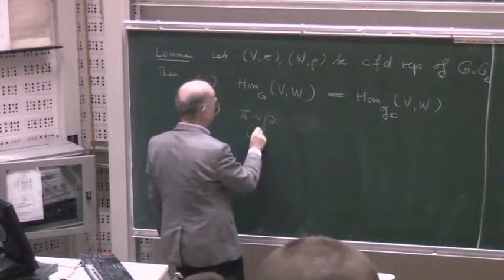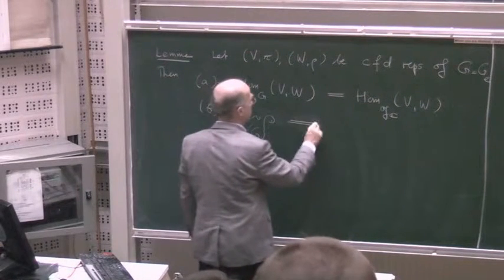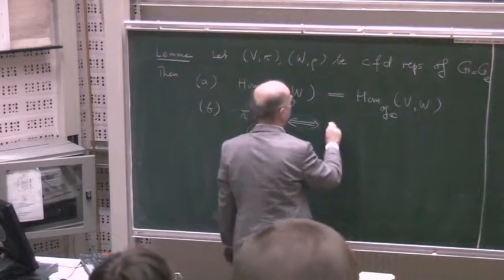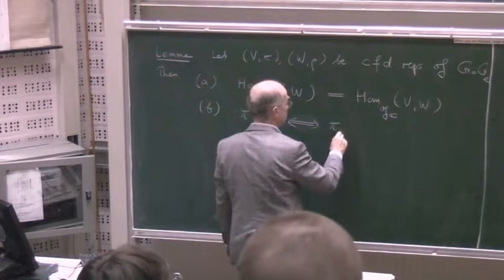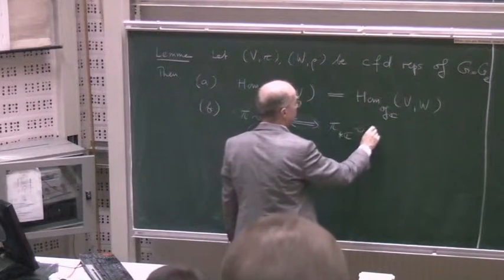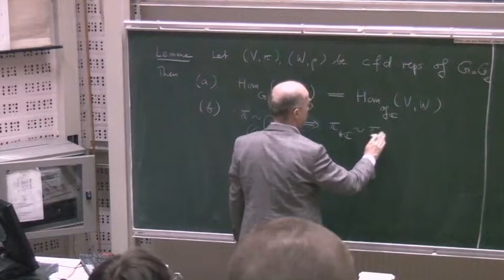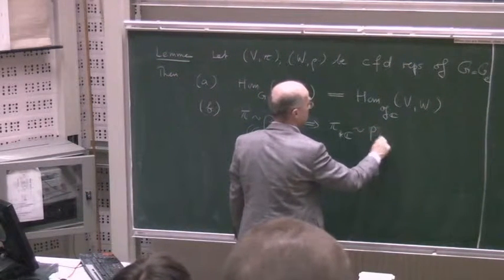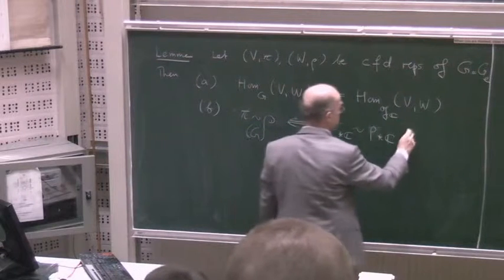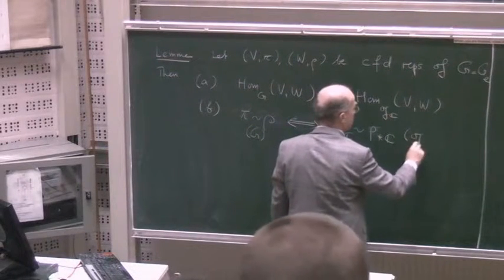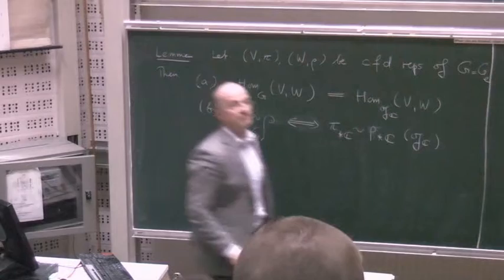So this is as a representation of G. This is equivalent to the statement that the corresponding representations of the complexified Lie algebra are isomorphic. So this is as representations of the complexified Lie algebra GC.